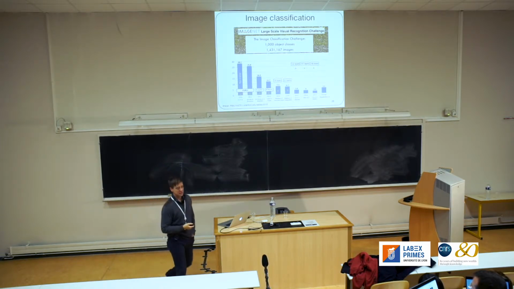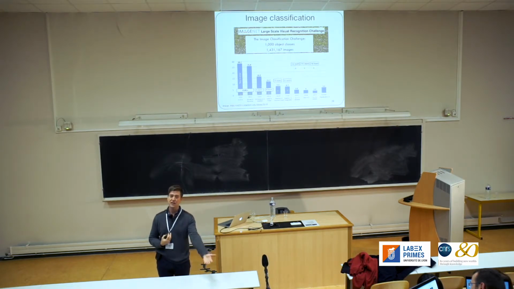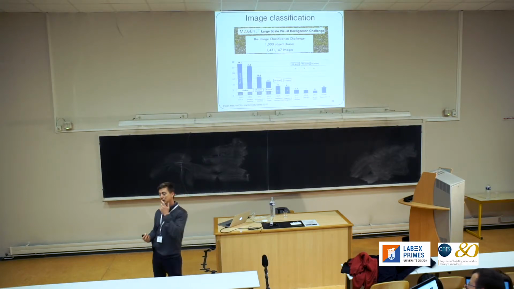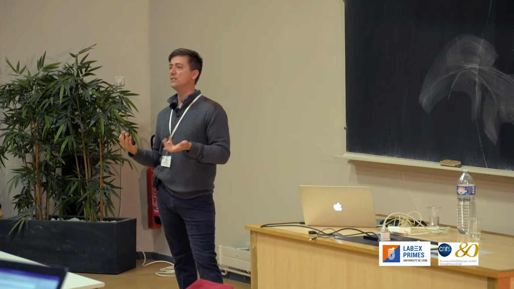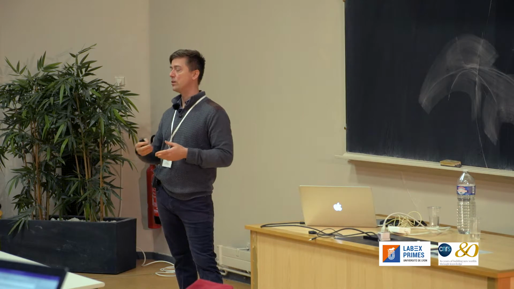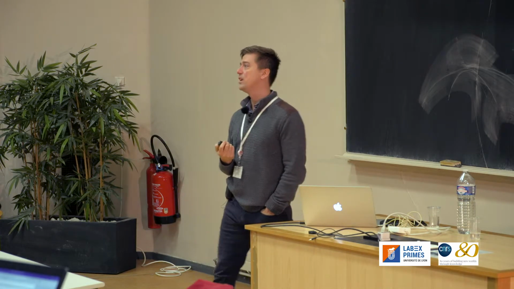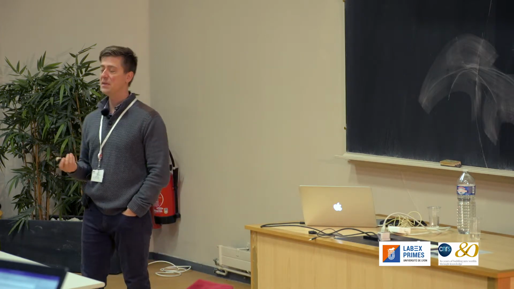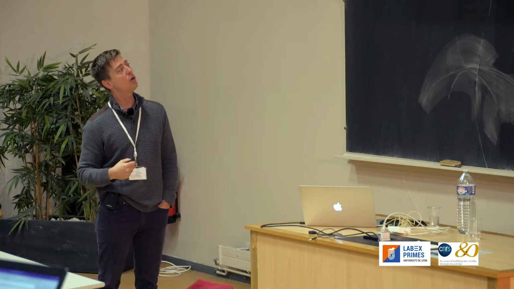Top 5 error means that I get 5 choices over 1,000 possibilities for the class of the object in that image, and being wrong means that none of my choices are the correct one. In 2010, the top 5 error for the best method, the method that won the contest, was 28%. And now we're at 2.3%.